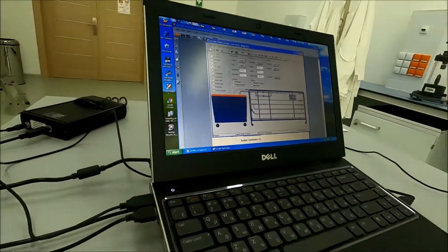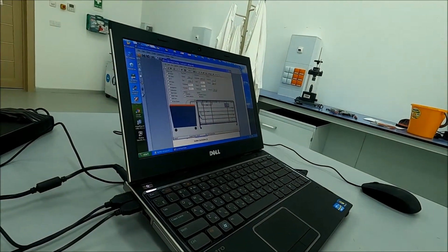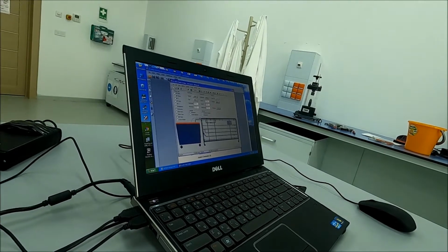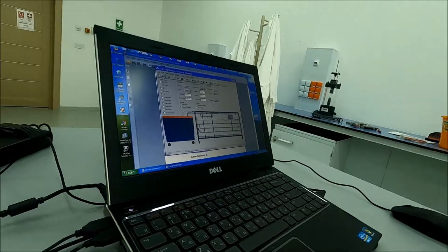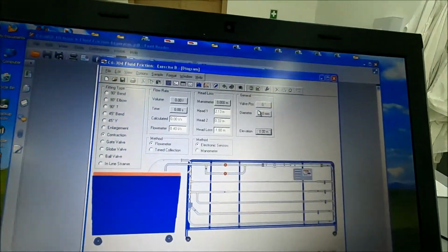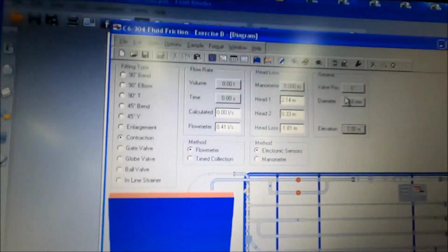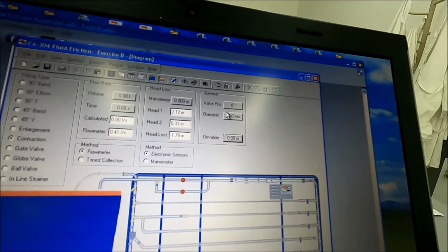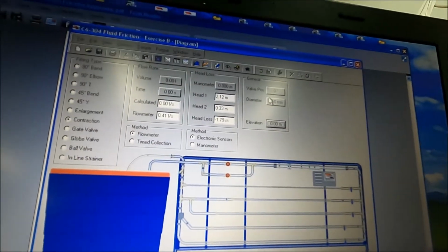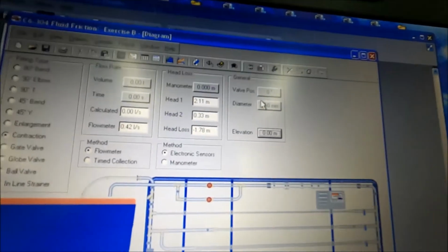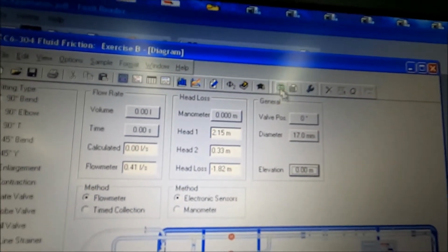Take the readings. Let's increase. The maximal flow rate of that pipe is 0.41, and 0.42 is the last one.